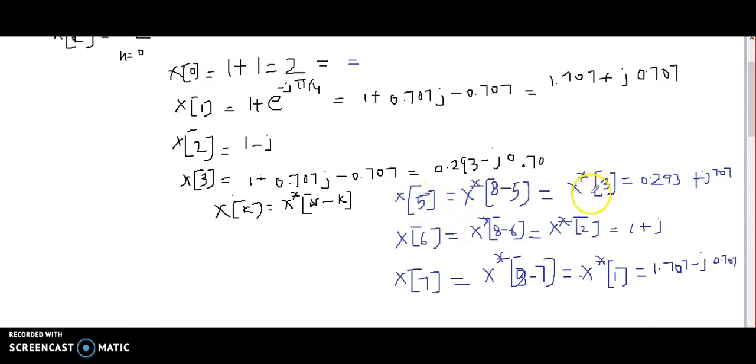It can be written as complex conjugate of x3, so x3 का complex conjugate is this, x6 का complex conjugate x2 से निकालेंगे, x7 का complex conjugate x1 से निकालेंगे.